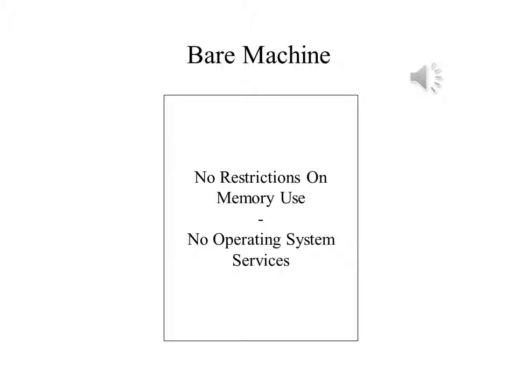This is, for all practical purposes, a bare machine. No operating systems, no services, nothing but user program. This is rarely used because programmers do not like having to write everything themselves, including their own device drivers.